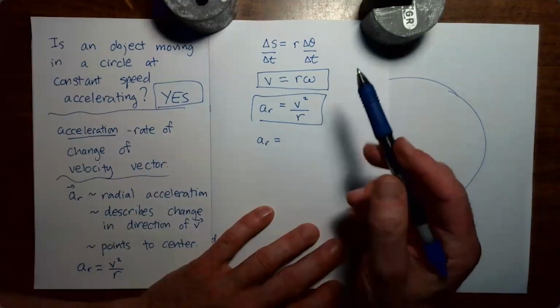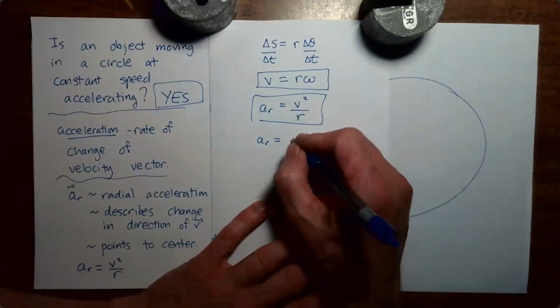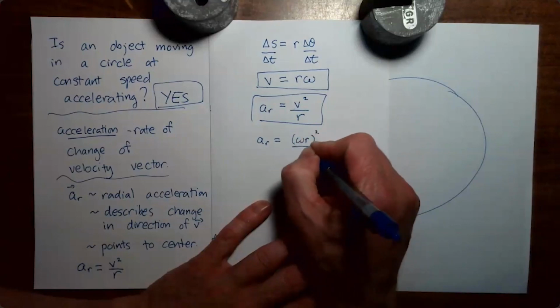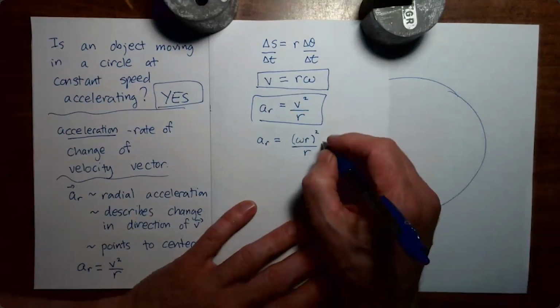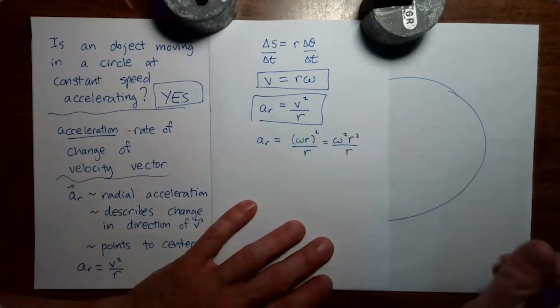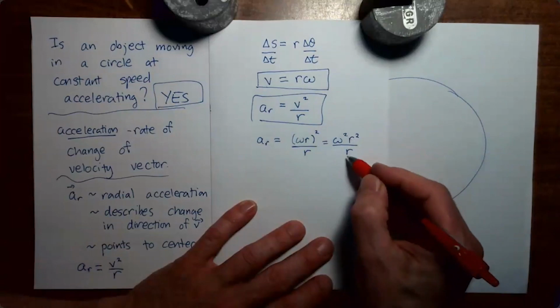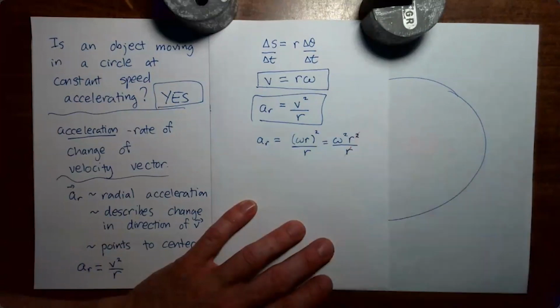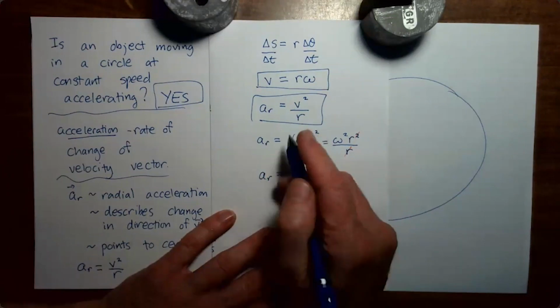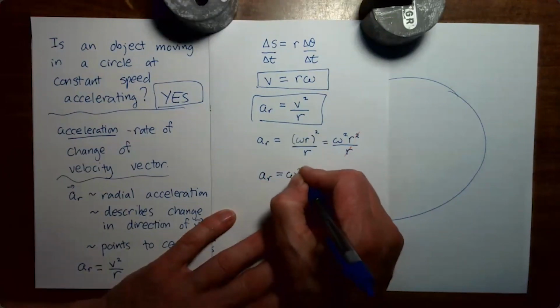That would give us a_r equals (omega r) squared over r, which becomes omega squared r squared over r. So notice that r squared over r just becomes r. And now we have a second formula for the magnitude of the radial acceleration, namely it is omega squared r.